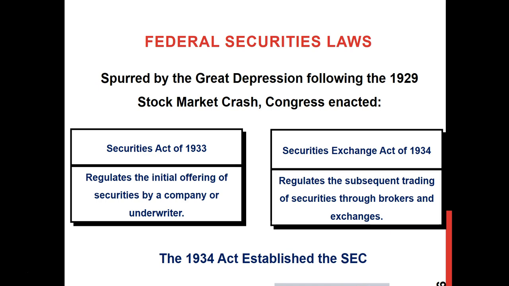So to summarize, the 1933 Act regulates the initial offering, the first time a company goes public, and the 1934 Act regulates all the subsequent trading, and they ensure again that investors' interests are protected and all information is fairly disclosed.